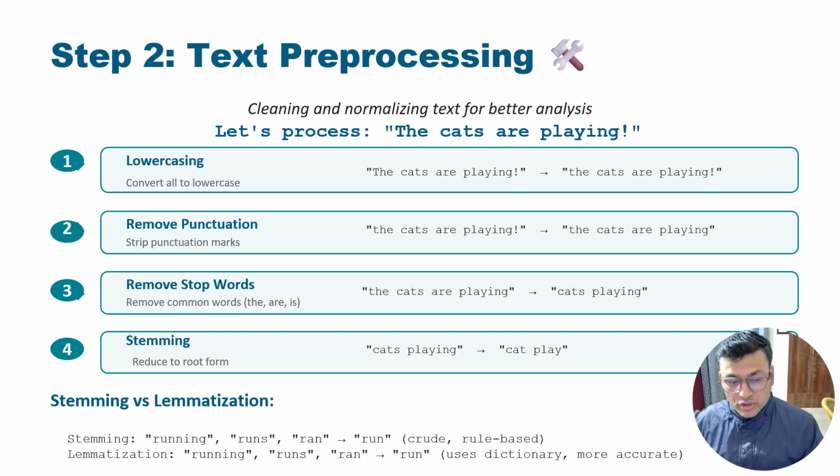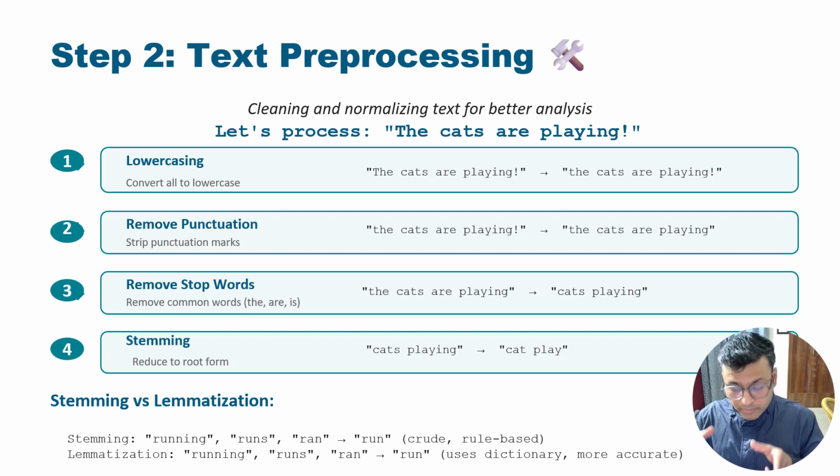Stemming is a process to reduce words to their root form. So cats playing becomes cat play. This is a root form. Now, stemming versus lemmatization. What is stemming? We can cover that in the next practical video next time. Stemming is, for an example, running. There are different forms, right? Running, runs, ran.